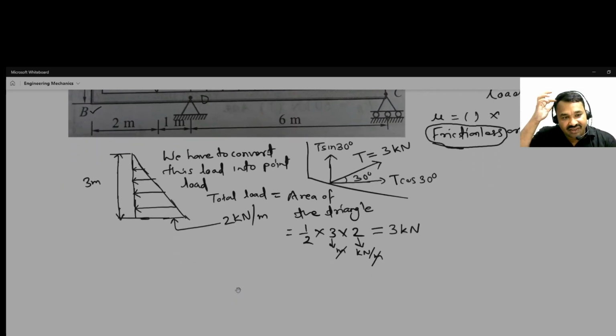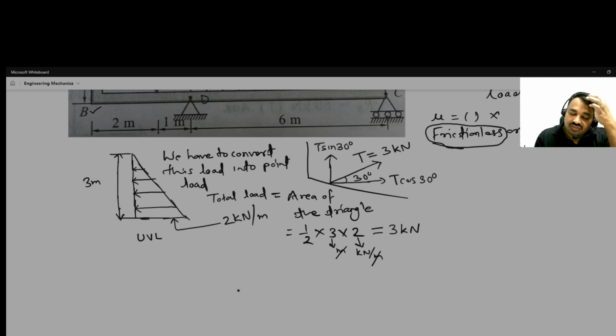Now as we have converted this load into a point load, for the calculation, to satisfy the equilibrium conditions, so that we can get the reactions. Okay, so that's why the UVL is converted into a point load.